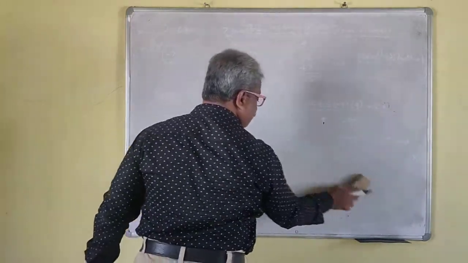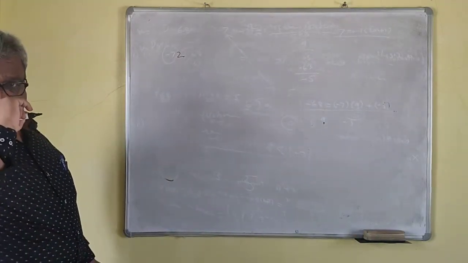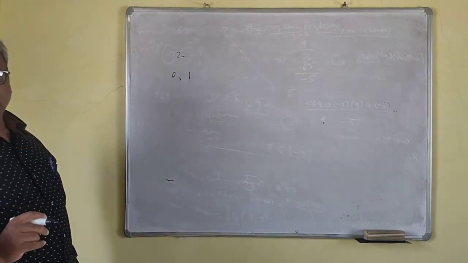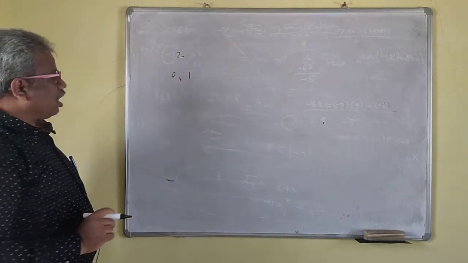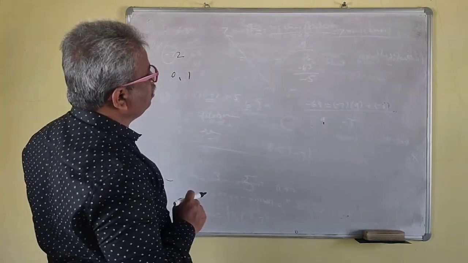Also note that if you are dividing by 2, then the remainder is 0 or 1.